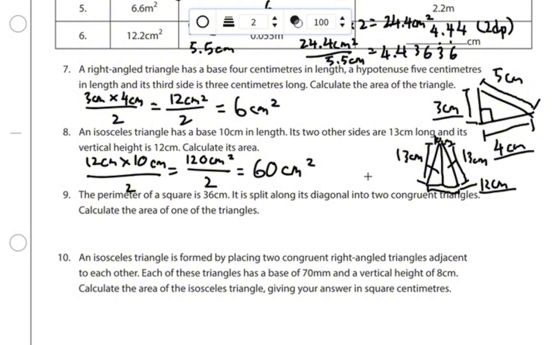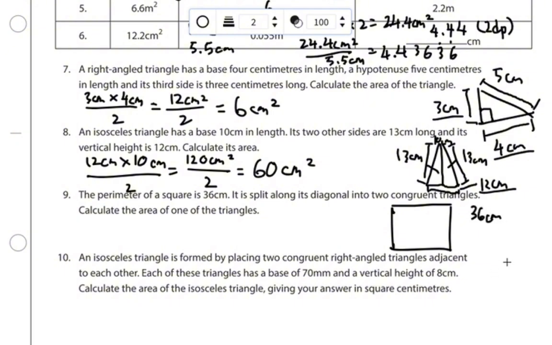Question 9. The perimeter of a square is 36 cm. It is split along its diagonal into two congruent triangles. Calculate the area of one of the triangles. So for this question, let's say this is the square, and it has a perimeter of 36 cm.